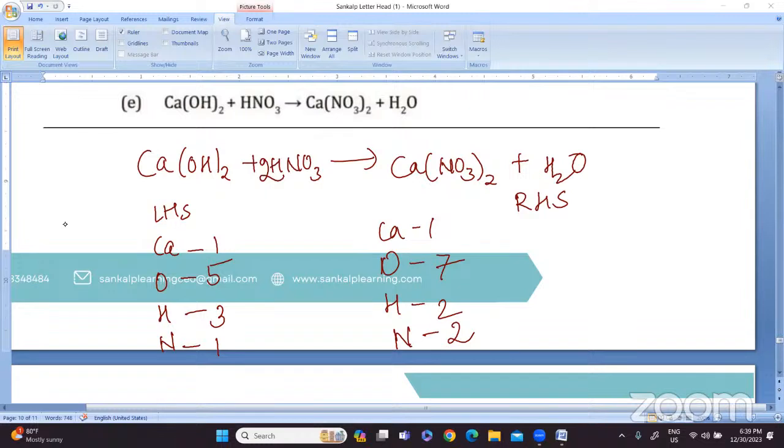Okay, if I put here 2, so this becomes 2 hydrogens.